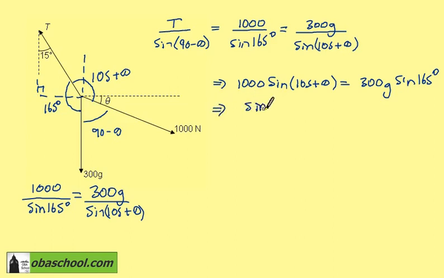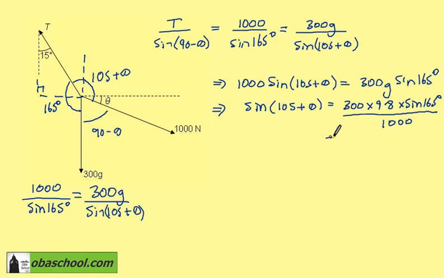Therefore, sine 105 plus theta is equal to 300 times 9.8 times sine 165 all over 1000. Calculating, this gives us 0.7609 and so on. And if we do shift sine of this, we get the acute angle 49.5 degrees.